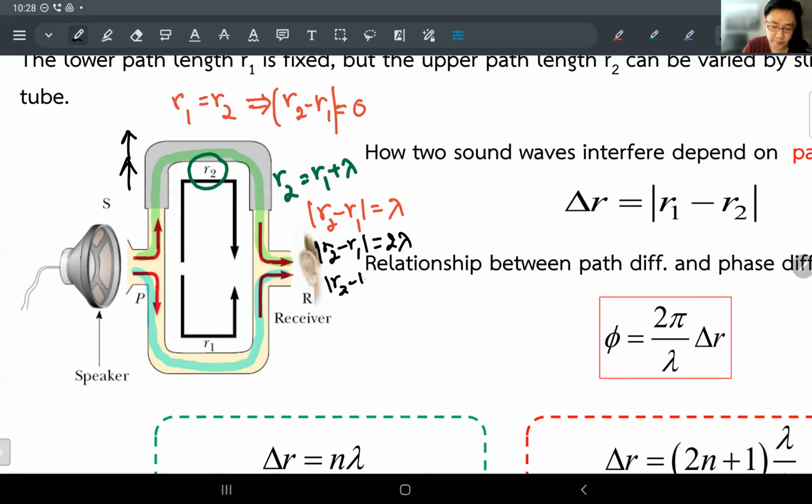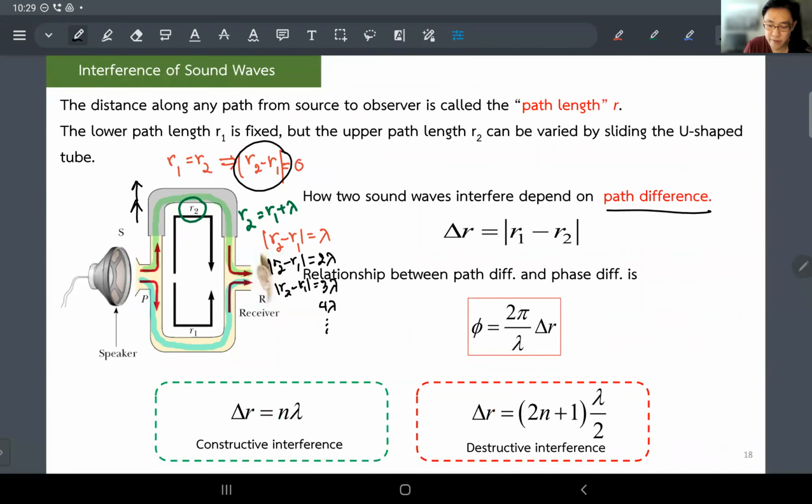You can get a difference of 3 lambda, 4 lambda, on and on. So the condition for getting a constructive interference is that the path difference, here we go, we can name it the path difference, and R1 and R2 are just path lengths. It's the length of the distance that the waves travel before reaching the destination.